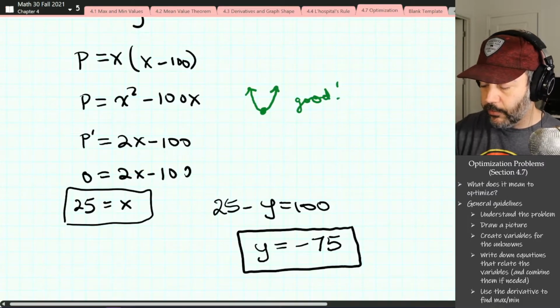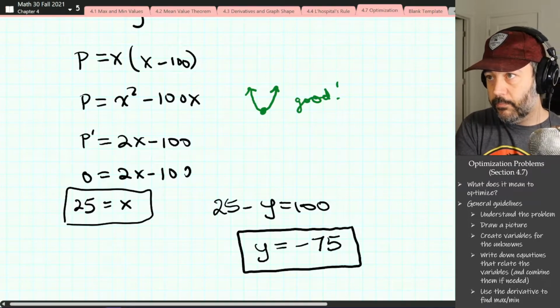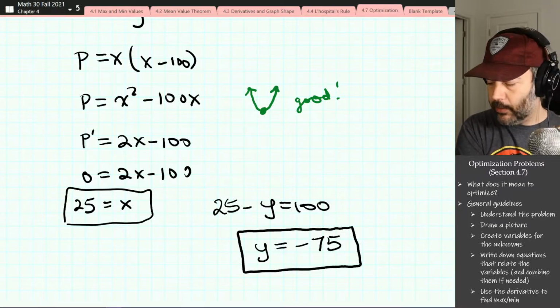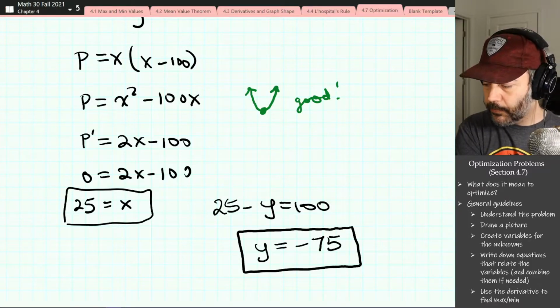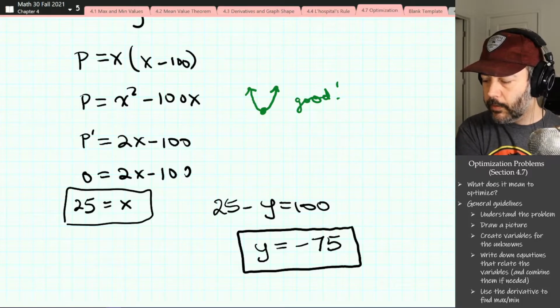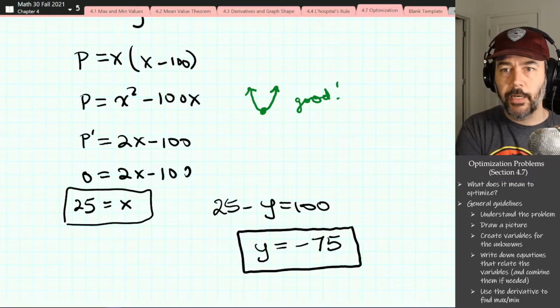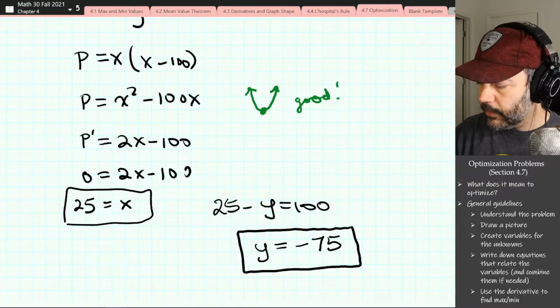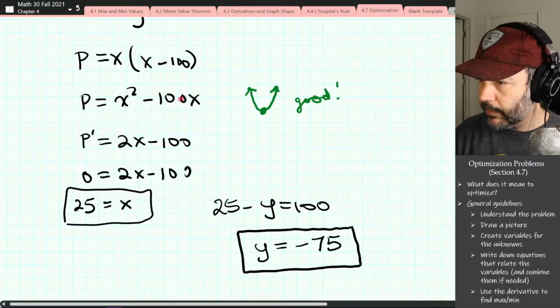We could actually go graph our product function. This is one way you can kind of check yourself if it makes sense. I can go P equals x squared minus 100x. So I just graphed, what I did is, and I'll switch and show you in just a second. I just graphed this.